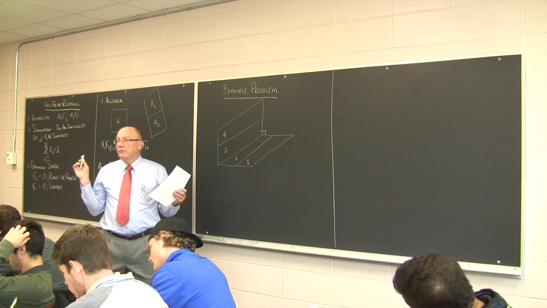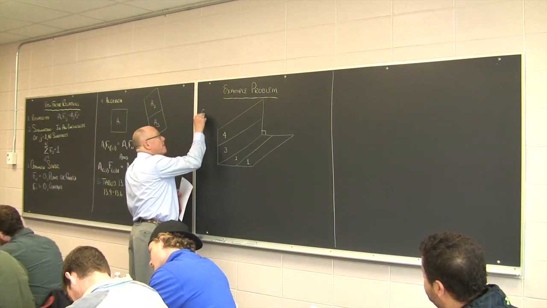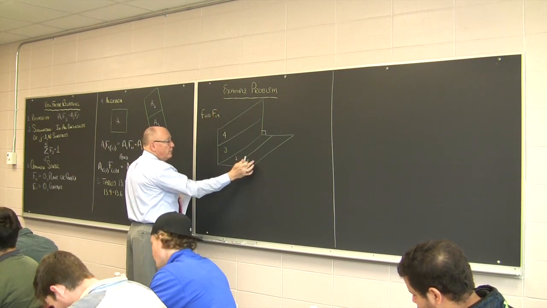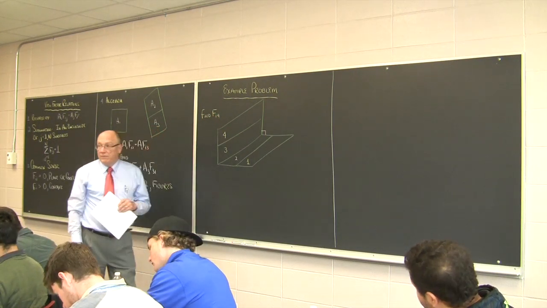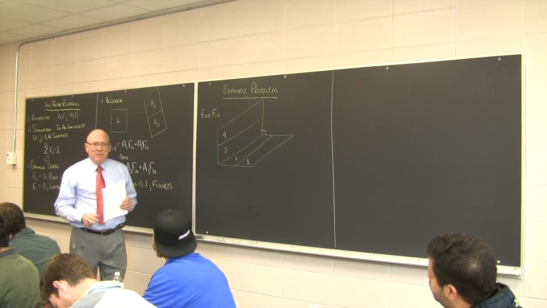You know the dimensions of all the surfaces, all right? And you are to find F1 to 4. How does this surface see that surface? This is where it gets to be a puzzle, all right?